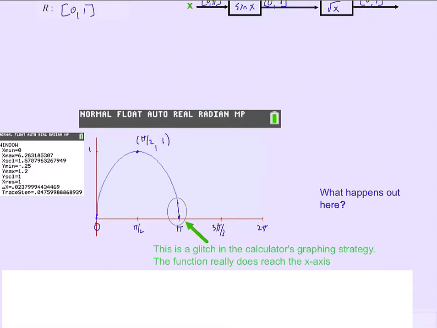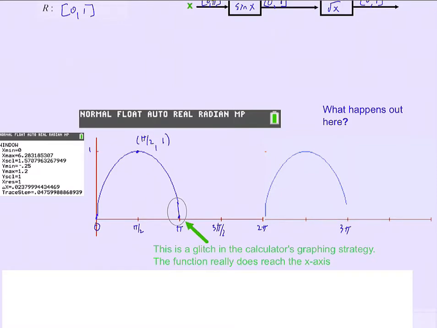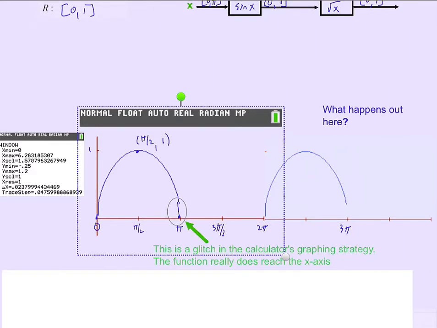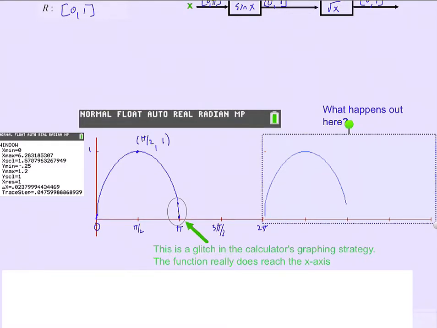So they're not included in my graph. But once I get past 2 pi, my sines are positive again, which means that I can take the square roots of the results again, which means this little guy is going to repeat himself over and over and over again. I only have one copy, but it will keep happening out here too, and we'll just keep going.